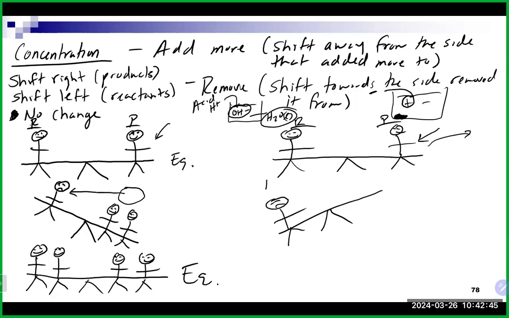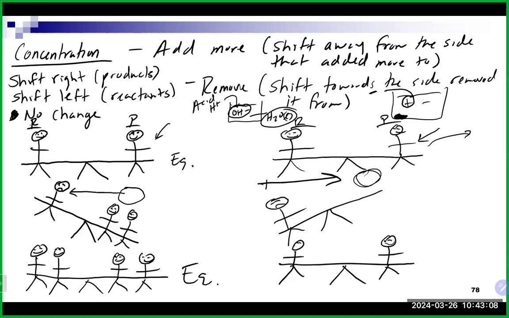So in this particular case, we need to put more people on the left or the right-hand side to fix this. We do, yeah. We removed over here, the equilibrium is going to shift towards the side we removed it from to kind of fill the hole, if you want to think about it. We kind of created a hole there on the right-hand side, and it's going to basically come back once again to equilibrium here as well.